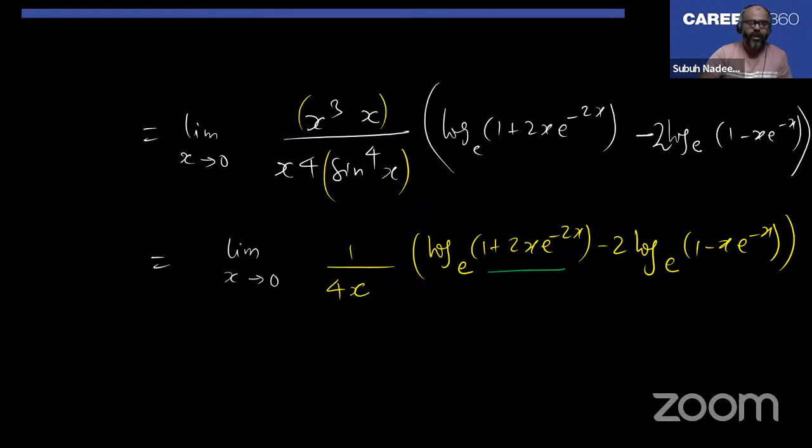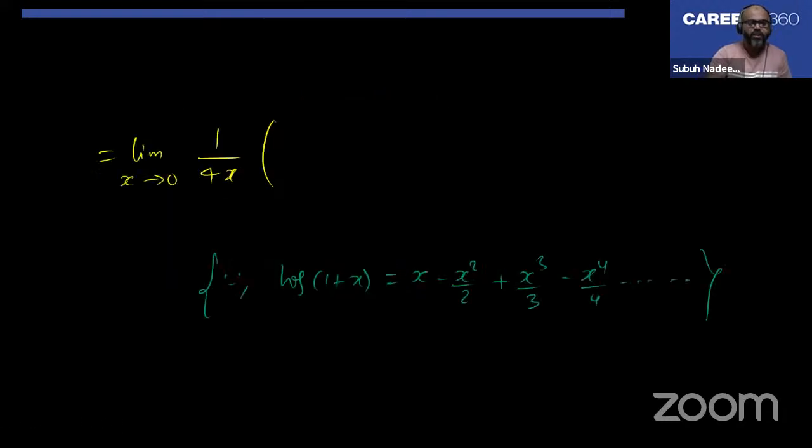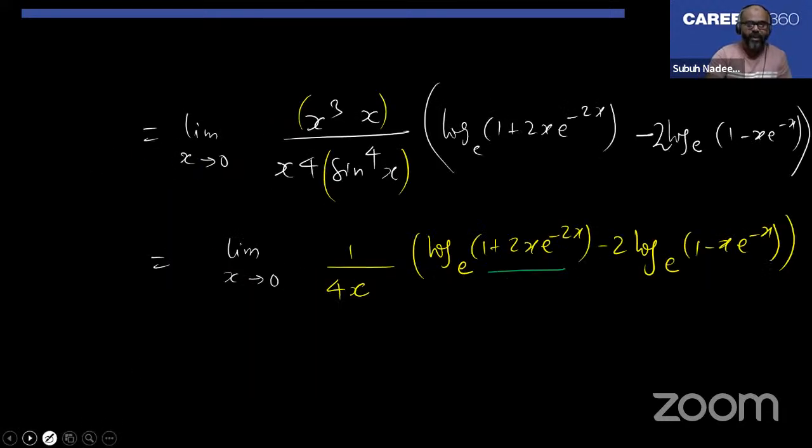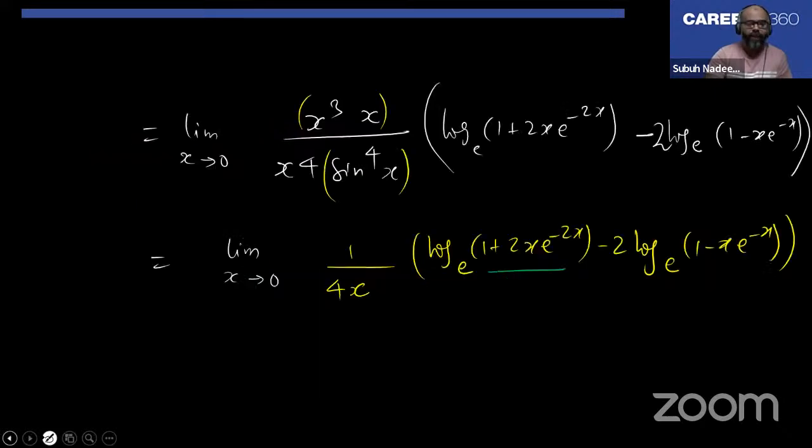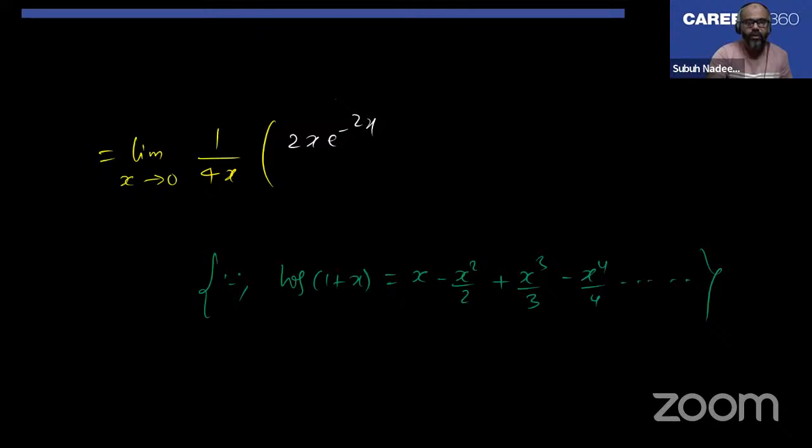So if we expand this, we will get 1 plus, first we'll get x, x is 2x e to the power minus 2x. Next would be square of this, so 2x e to the power minus 2x square by 2, and so on.